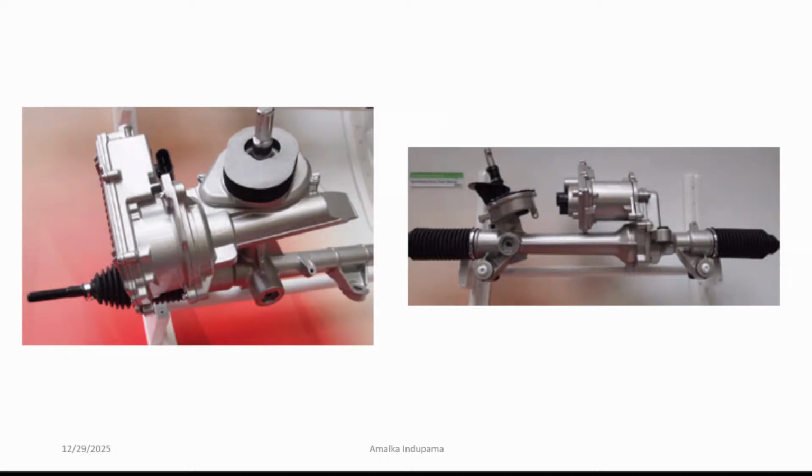As I said earlier, power steering is there to reduce the effort provided by the driver, so that the driver can smoothly handle the vehicle with less effort. And additionally, power steering is there to change the steering effect and effort.